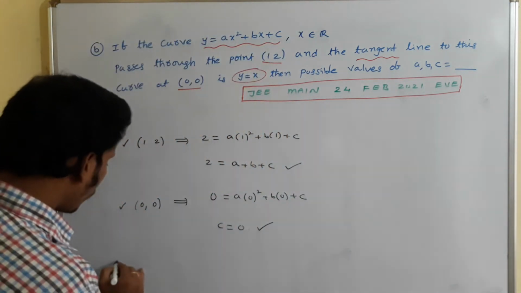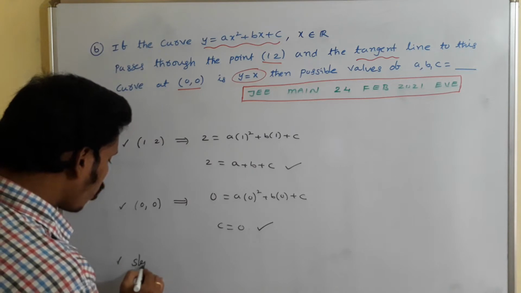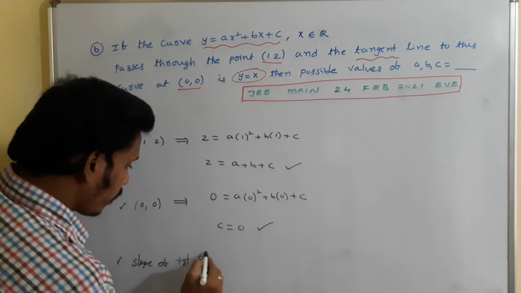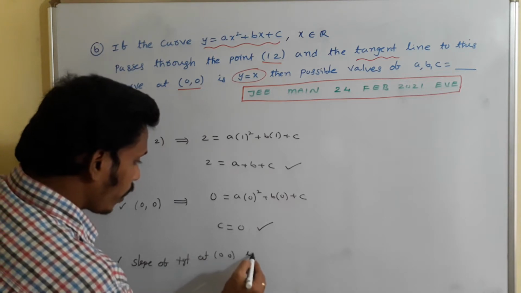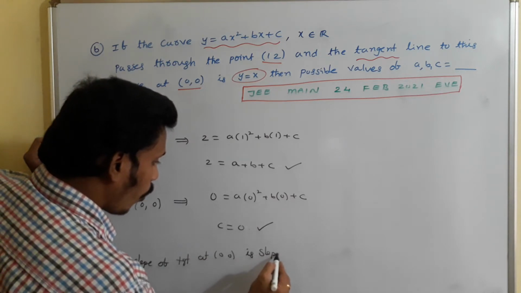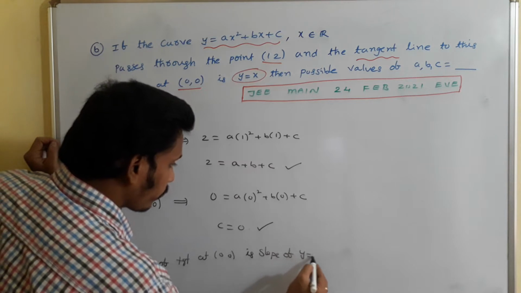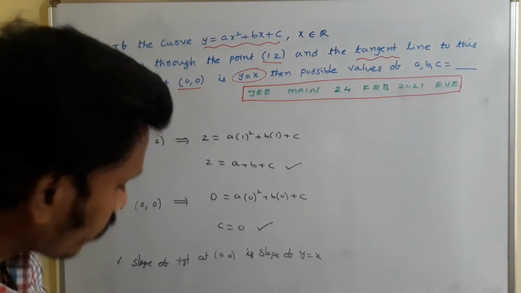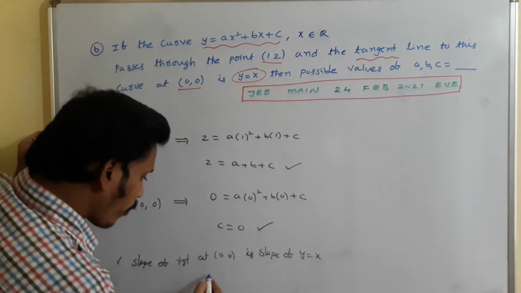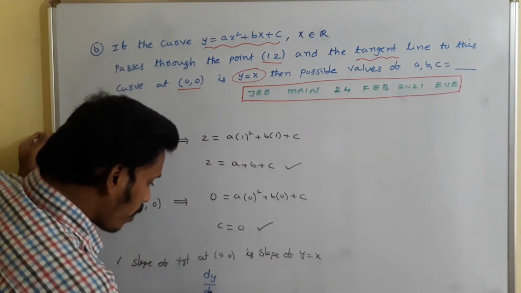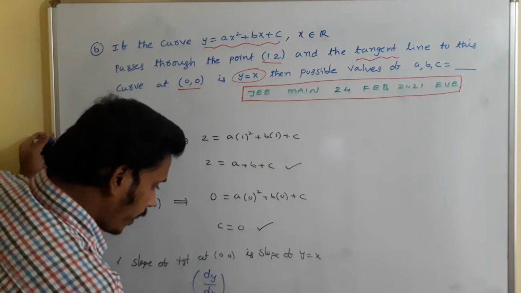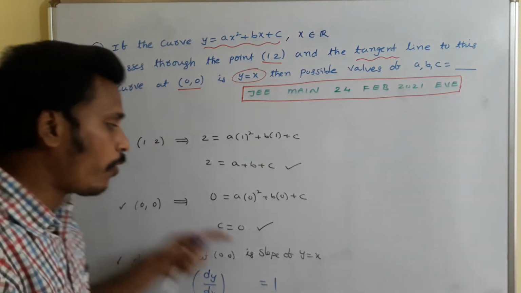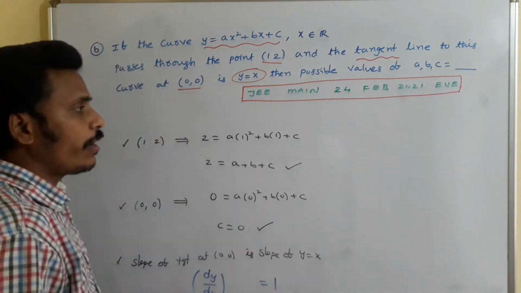So the third relation from the problem is that the slope of the tangent for the given curve at (0, 0) is the slope of y equals x. And we know that the slope of tangent is dy by dx at the point. So dy by dx at (0, 0) is equal to 1, because the slope of this line is 1.